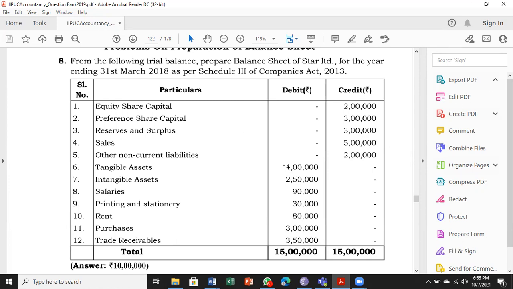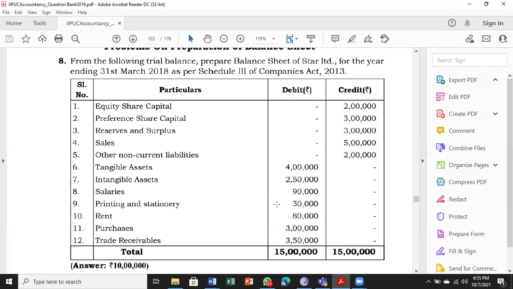Debit balance will be either an asset or an expense. So let us see which are assets and which are expenses. Tangible assets, 4 lakhs, intangible assets, 2,50,000, both are fixed assets.